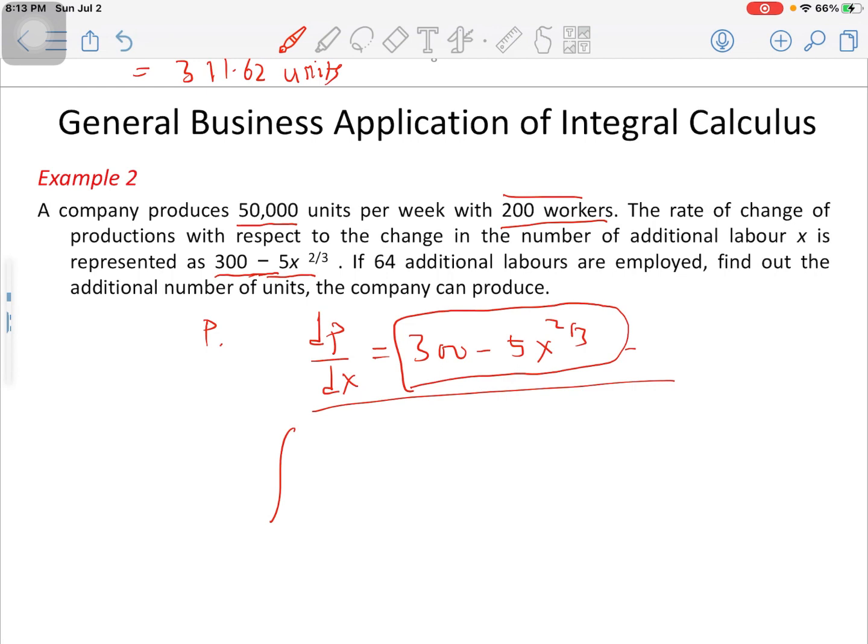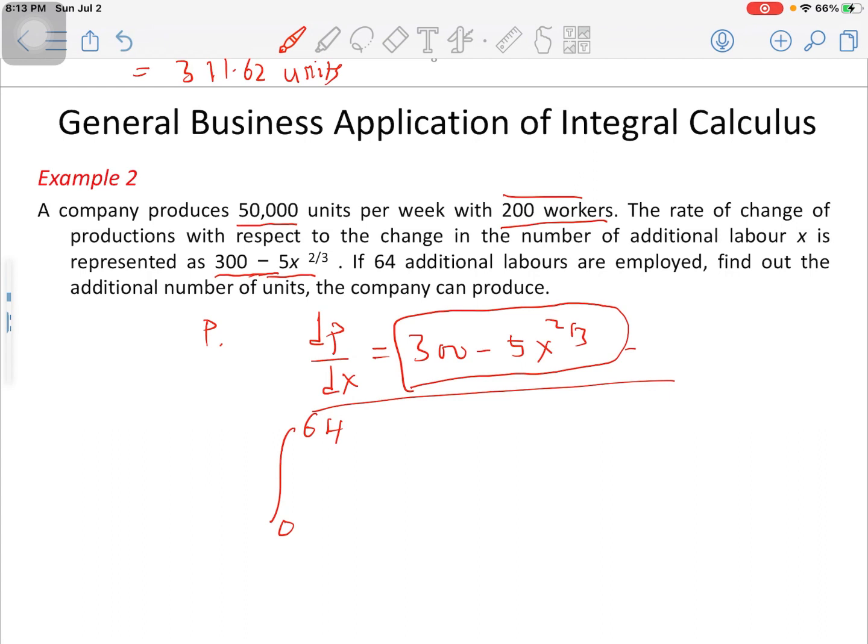So this means that if no worker is employed currently, right now, we can put it over here to see the production rate which is going on. But let's see what we get. So this means that our limit will start from 0 to 64 because we are looking for 64 additional laborers.